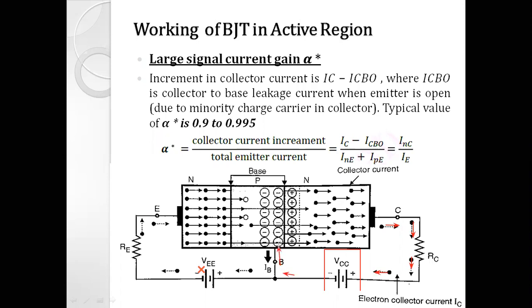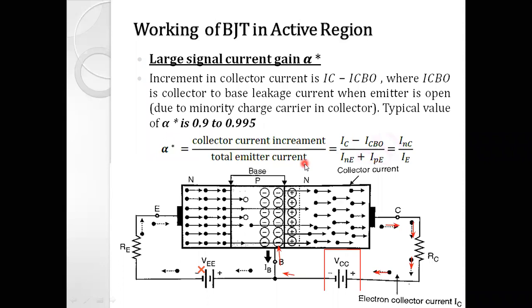And what is ICBO? ICBO is the flow of minority carriers between the base and collector terminal. So the large signal current gain is the ratio between this collector current increment and the total emitter current.